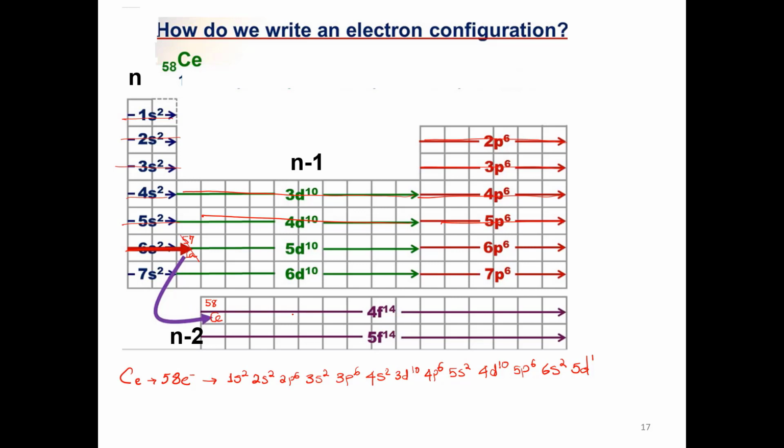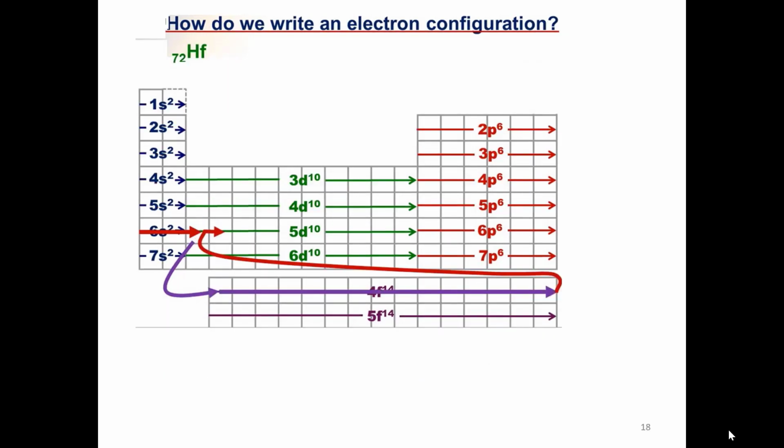Remember, here is no 6, it is 4. 6 minus 2 is 4, it is 4f, and because it's in the first position, then it's 4f1. And this is the electronic configuration for cerium.